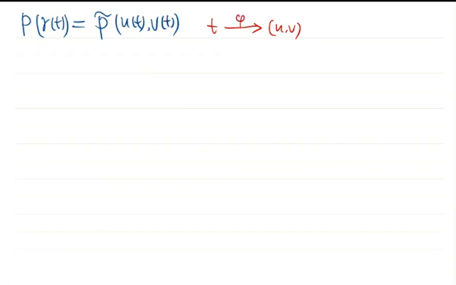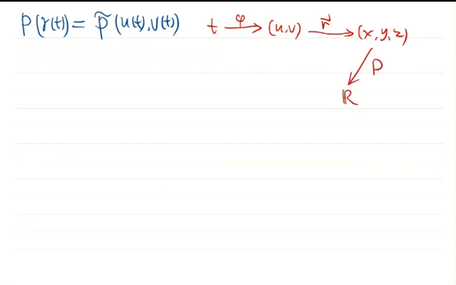(U,V) is a point on the boundary of D. Then (U,V) under R becomes (x, y, z). And our P is a function of x, y, z.